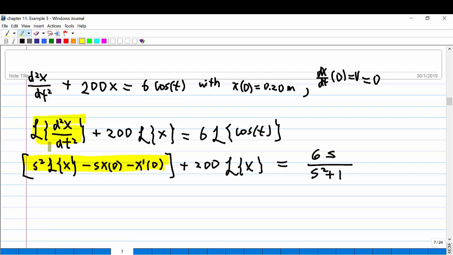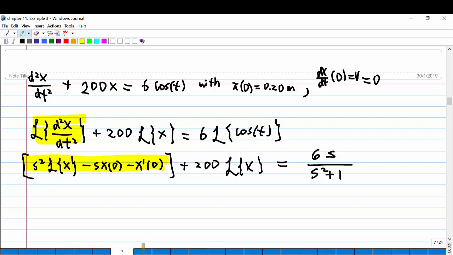The first term, the Laplace transform of d2x/dt squared, is s squared times the Laplace transform of x minus s x(0) minus x'(0). The second term is just 200 times the Laplace transform of x. On the right hand side, the Laplace transform of cosine t is s over s squared plus 1.